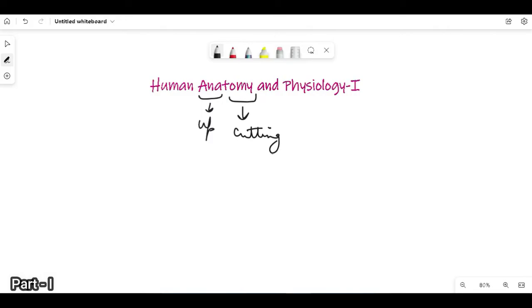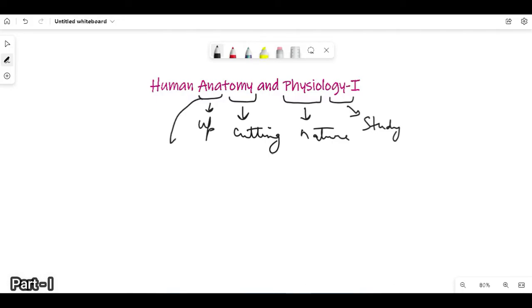It is also made up of two words. The first one is physio, which means nature, and logy means study of. So how can we define anatomy and physiology?